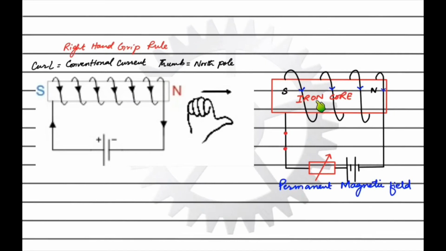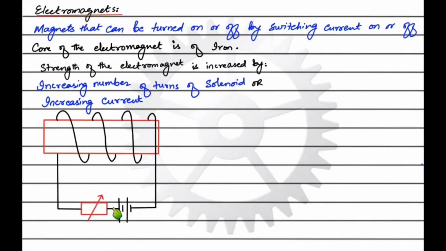By using right hand grip rule, you can find out that this solenoid has induced magnetic north towards right and hence south pole towards the left. In this case, the positive charge is flowing from positive terminal, which is the bigger terminal of this, to the negative terminal. So by this you can draw the current direction, and this is drawn.